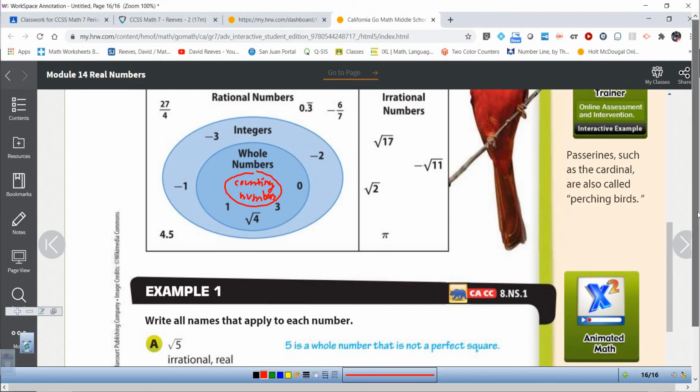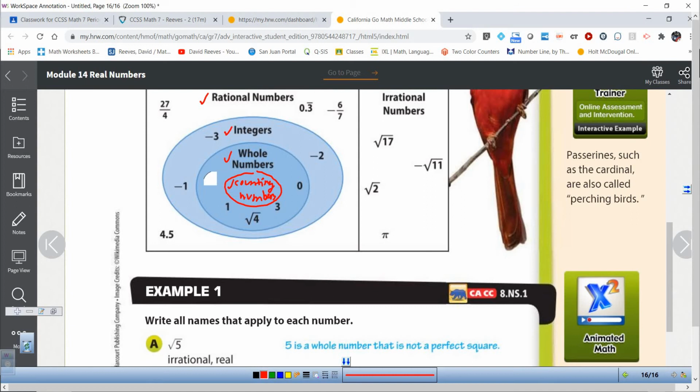It's kind of like those Russian dolls that get smaller and smaller. The smaller ones are part of the bigger ones, aren't they? So if it's a counting number, then it's automatically a whole number, an integer, and a rational number. Does that make sense? If it's a counting number, it's automatically those.